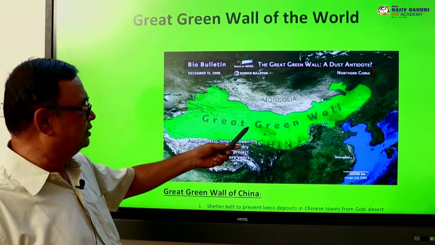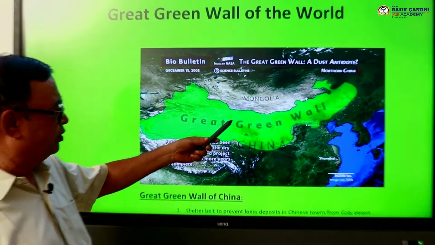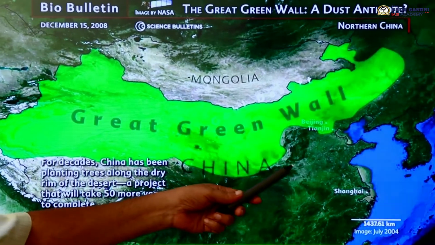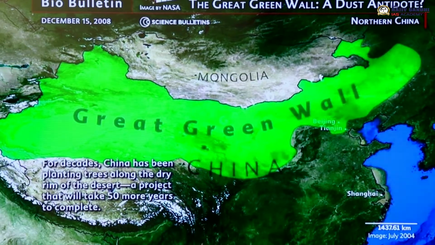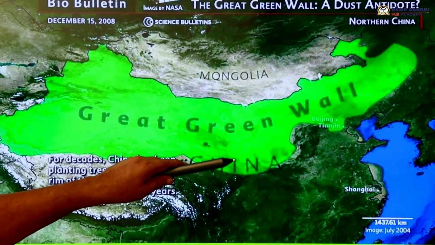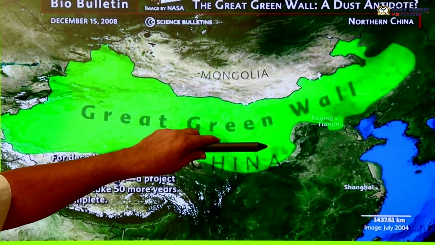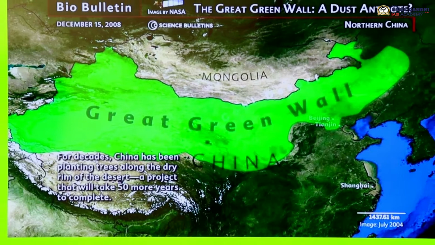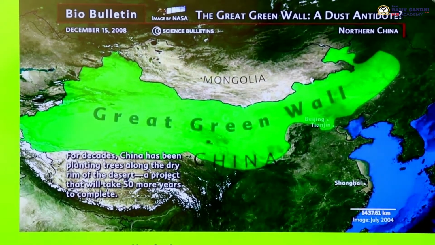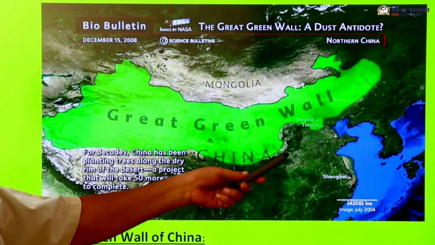From the Gobi Desert, fine topsoil is removed and transported to the Yellow Sea area. Therefore, all the people who live in the path of the air currents that carry loess deposits get breathing problems. Sometimes it becomes very severe, and nosebleeding has become a common thing in northern China.